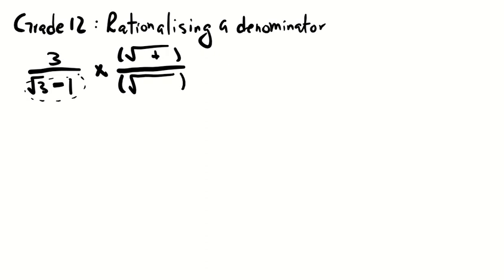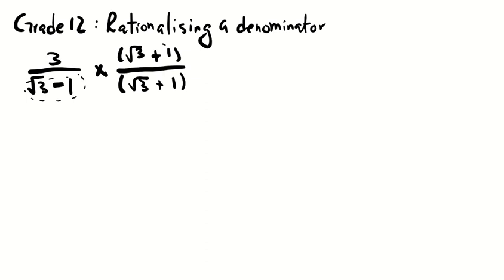So the sign has to be positive. We'll do this, and then you will write square root 3 as it is, and then you also write 1 there. You change the sign to a positive, and then square root 3 and 1 will remain as they are.